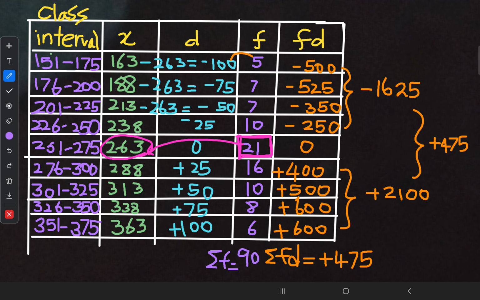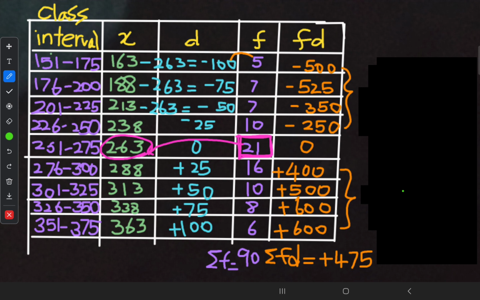We found sigma FD as positive 475 and sigma F as 90. Let's finalize our value for the mean. Mean is equal to assumed mean plus sigma FD upon sigma F.